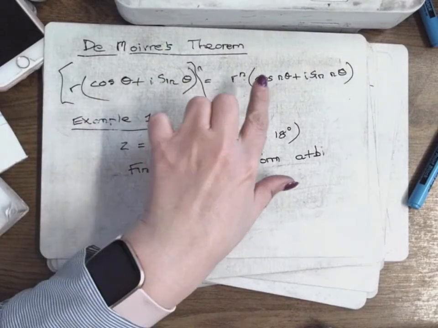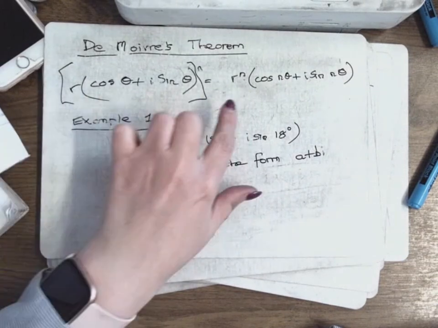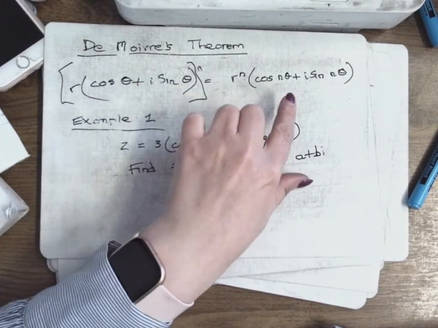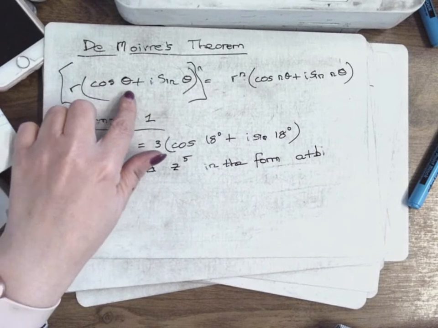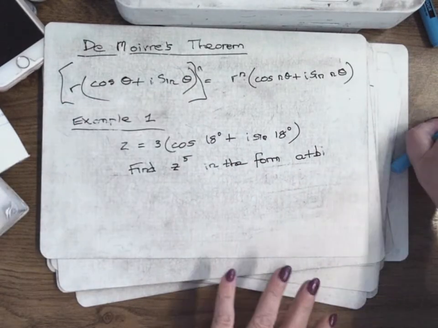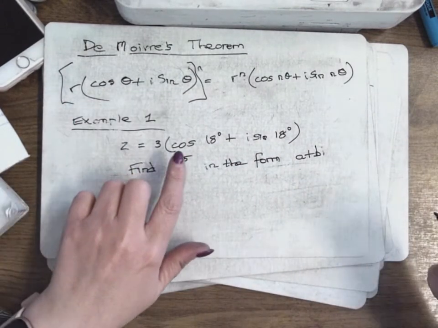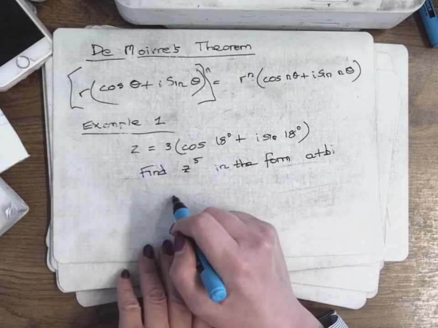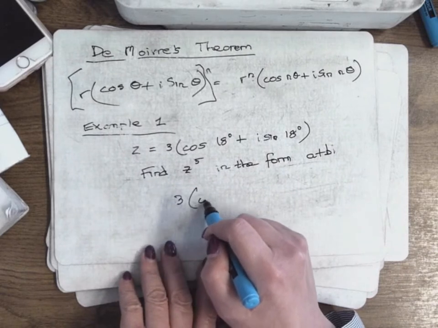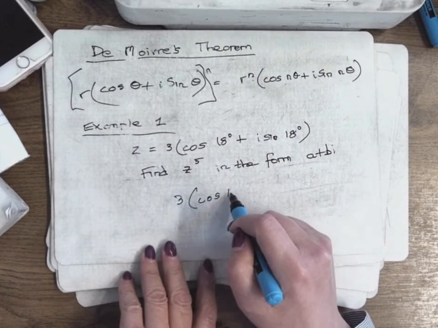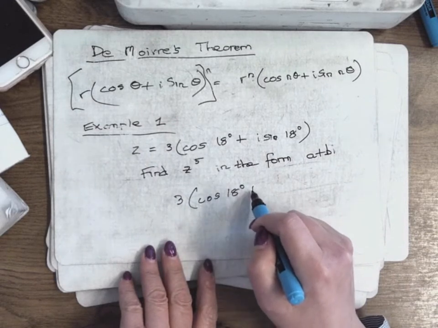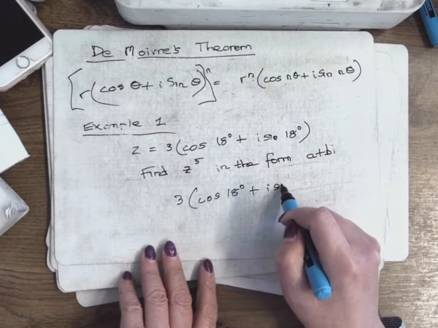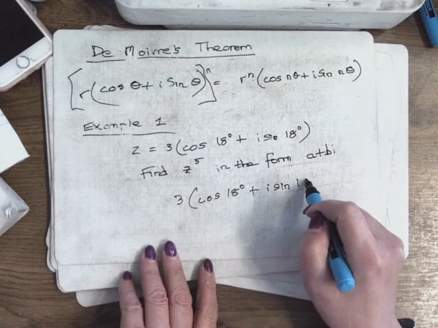Right, so you raise the modulus to whatever the power is, and whatever that power is, you multiply the angles by it. Example, here we have z equals 3 times cos 18 plus i sin 18.